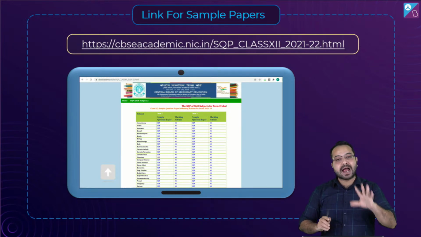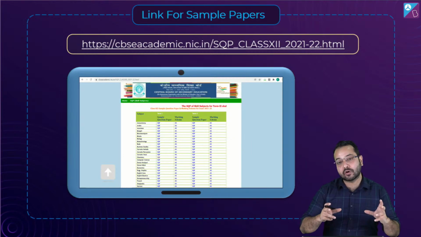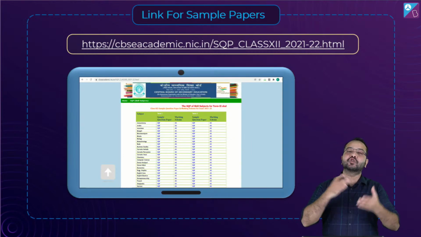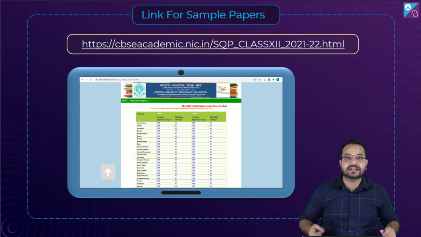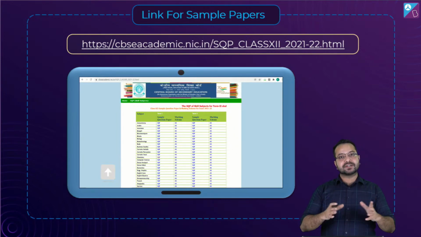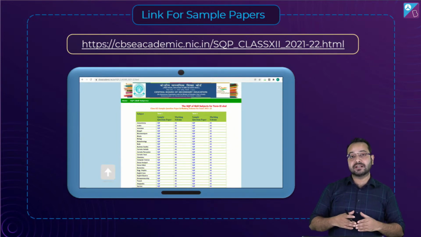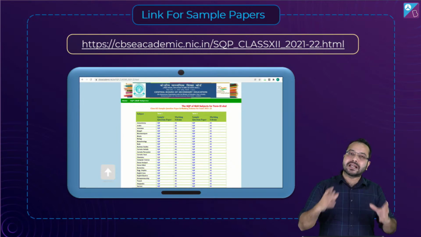A very important thing CBSE has given is the solutions, and also what the part marking is going to be, that is, how you have to write the answers. Because term 2 is subjective, we have to write answers, and we have to be very good at writing answers.